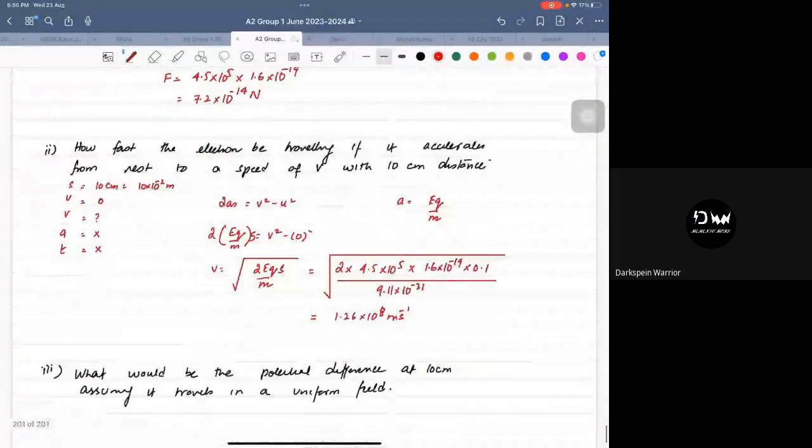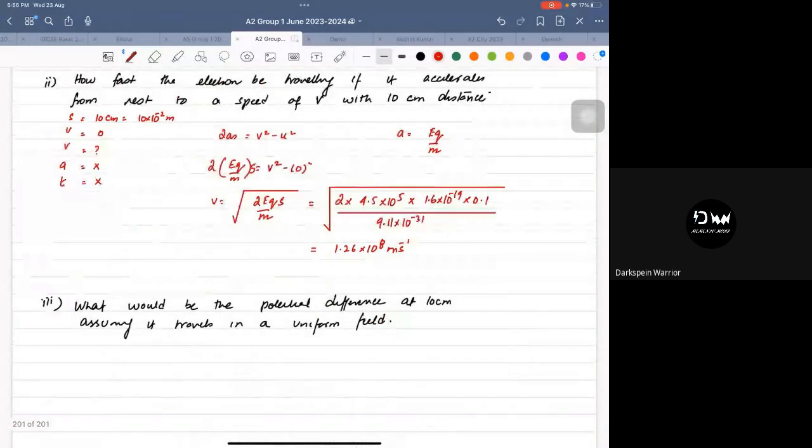Fair enough. Then in the next part, it says, what would be the potential difference at 10 centimeter assuming that it travels in a uniform field? Is there a way to find potential difference? E is equal to V over D. Yeah, that's correct. E equals V over D. Okay, are you sure about that?